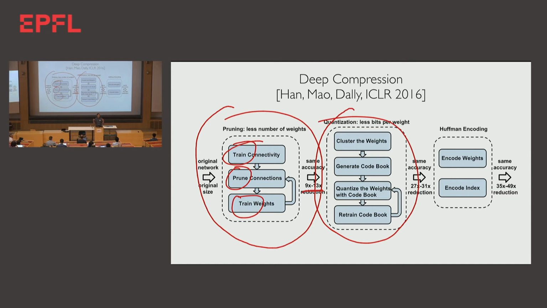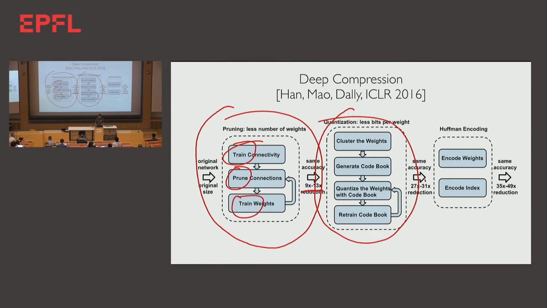Once you do this, you can retrain those centers and readjust the k-means optimization. If you do this, you are able to save significantly on the precision. I don't have to use 32-bit floats. I can just use k numbers, where k is the number of centers. How much extra compression do I get?